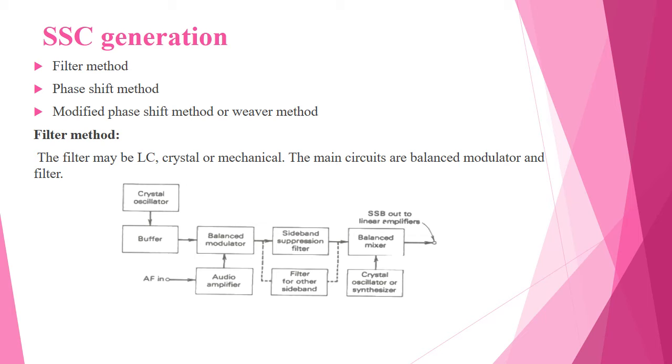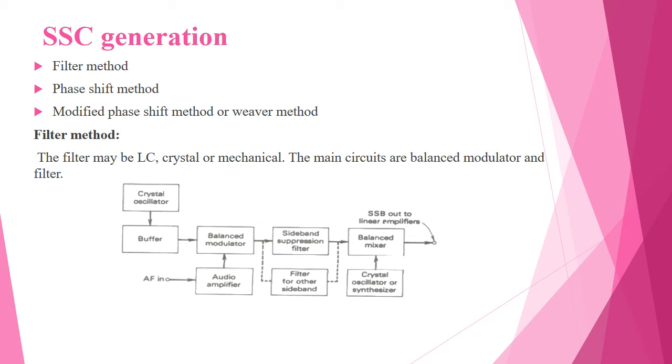So the DSB signal contains both the sidebands and it is given to the sideband suppression filter to remove the unwanted sideband. Okay, so the filter must have a flat passband and extremely high attenuation outside the passband. In order to have this type of response, the Q of the tuned circuits must be very high.